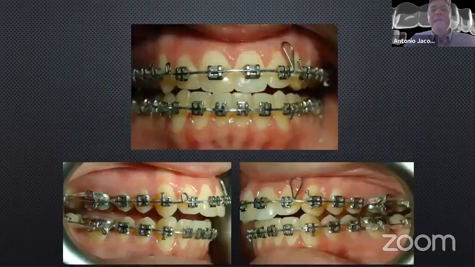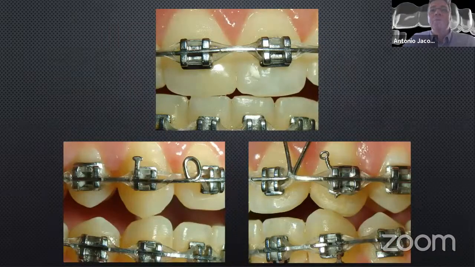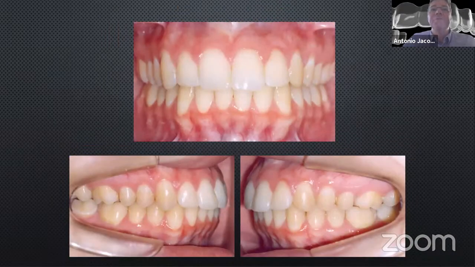We just maintain the occlusion without touching that incisor, that lateral incisor, so it will not apply any type of force in this lateral. So that's what we did, and this is the end result.